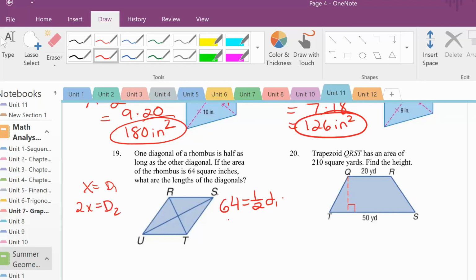Since one is twice the other, we have 1/2 of x times 2x. So 64 is equal to, well, half of 2 is 1, so x times x is x squared. And then the square root gives you 8. So diagonal 1 is 8. And diagonal 2 would be 16, because it's 2 times it.